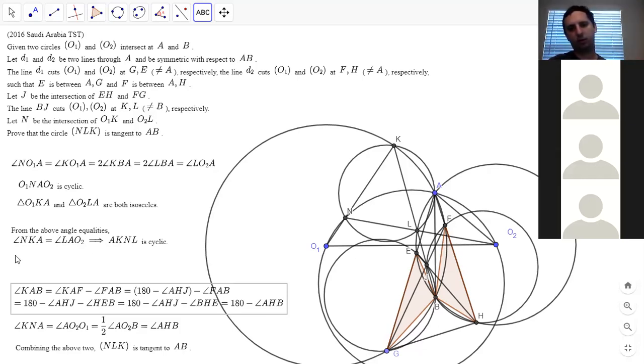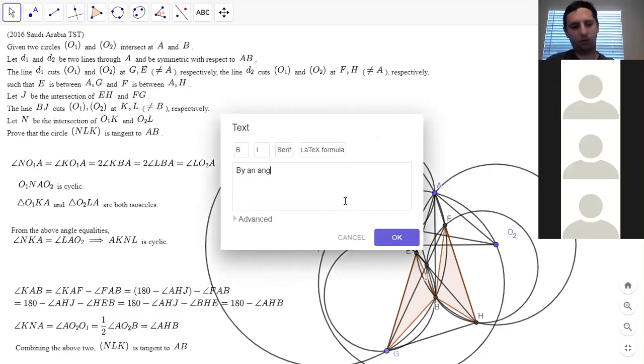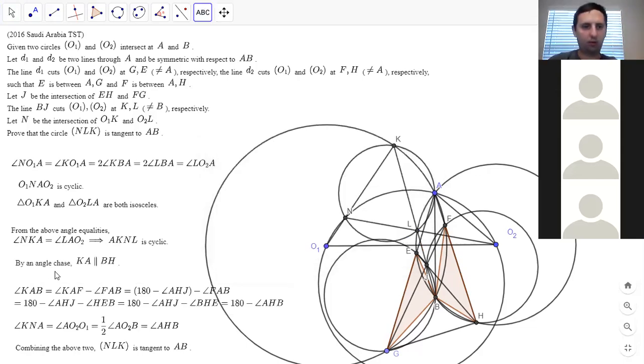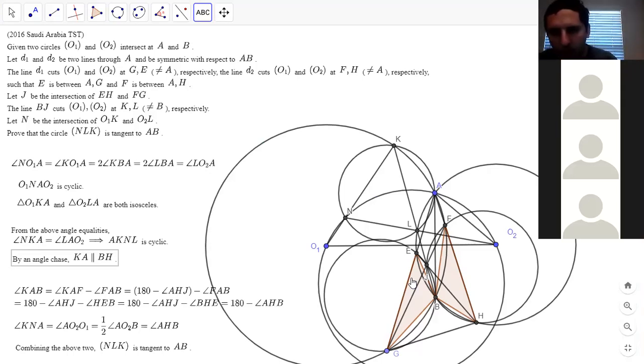Okay, so yeah, I just want to see what this angle chase is. So I know you mentioned it before. Yeah, so what is this angle chase? So KAB, it's KAG plus GAB. And KAG is KBG.